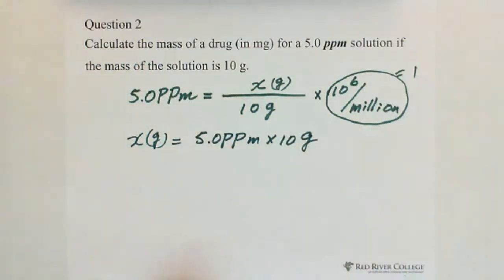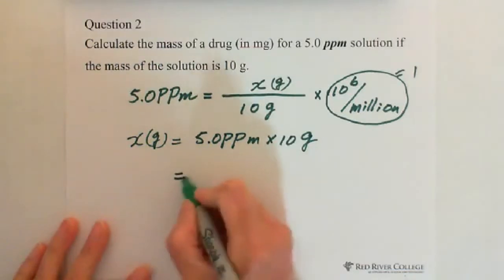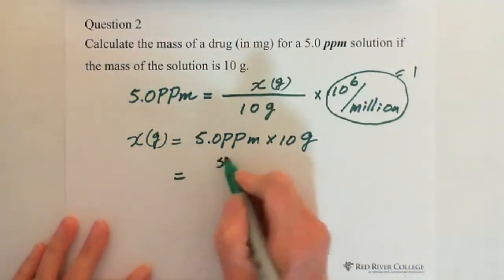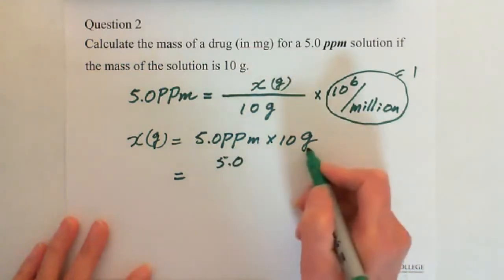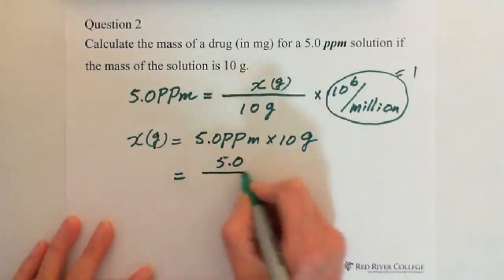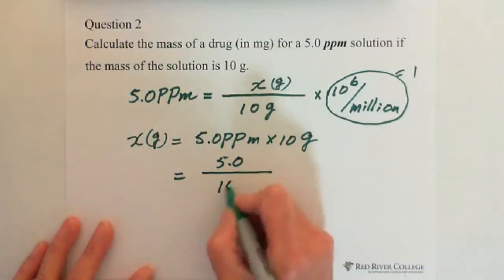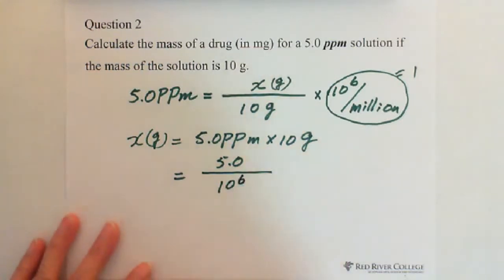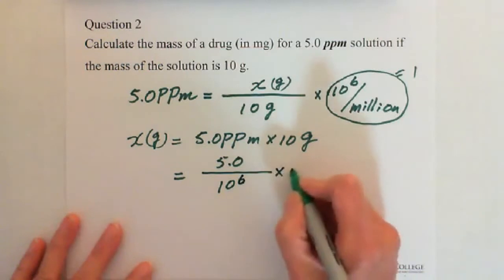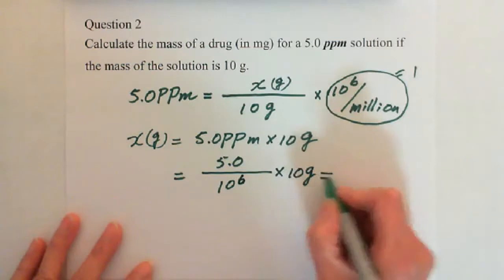How to do this kind of question? Let me show you. So 5.0 parts per million. If this is grams, we choose 5 grams in a million. Million is 10 to the 6, right? Then times 10 grams.